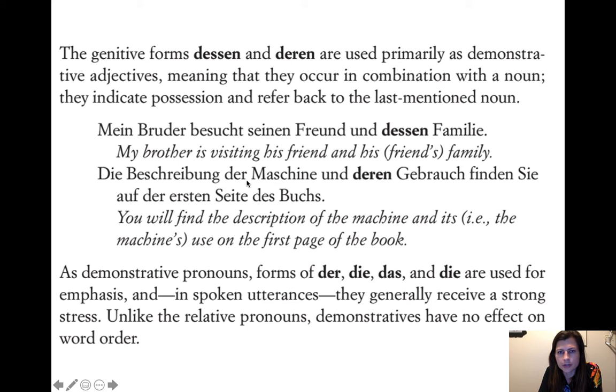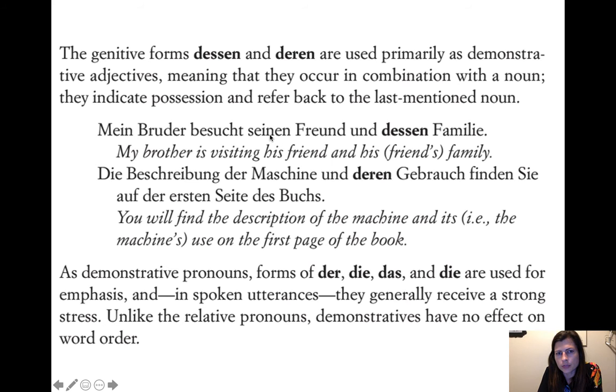Ihre would be like her because it's feminine, and you wouldn't know whether it's the use of the machine or the use of the description. I guess it makes sense in context, but this is just used to really point to Maschine as opposed to pointing to Beschreibung.